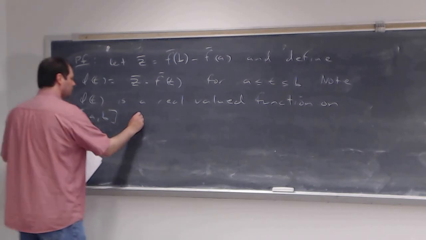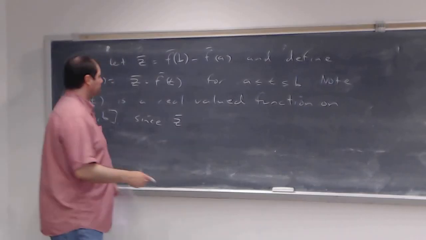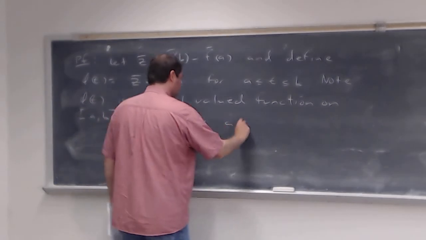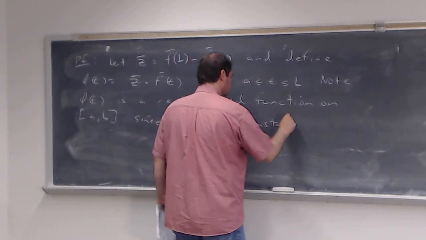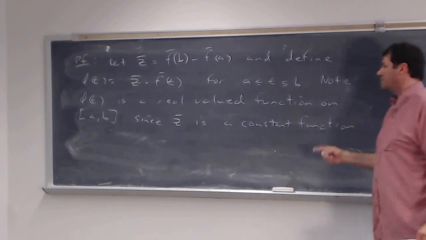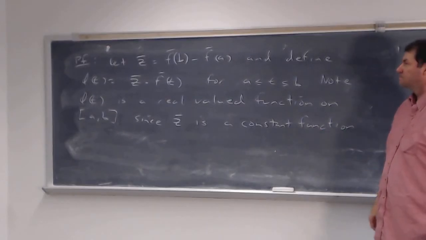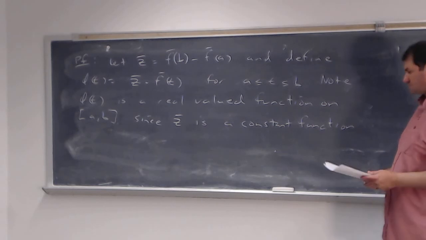And since z bar is a constant function, so we're thinking of z bar here acting on [a, b]. It always generates f bar of b minus f bar of a, so that's a constant.